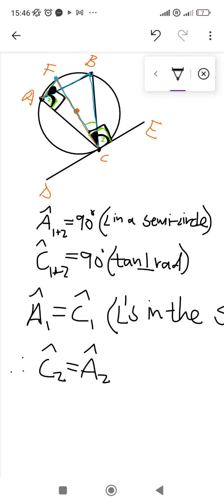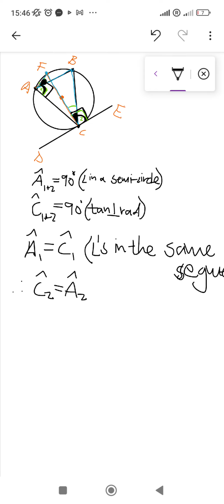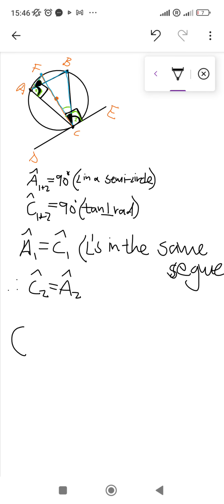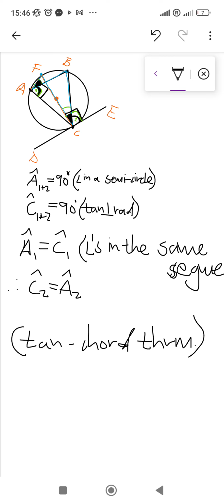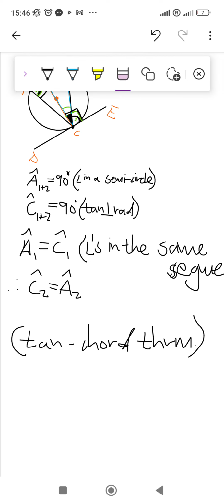And that is our theorem. When you use this theorem, what you will write down is tan-chord theorem. You must write tan-chord and you must write the word theorem, tan-chord theorem.